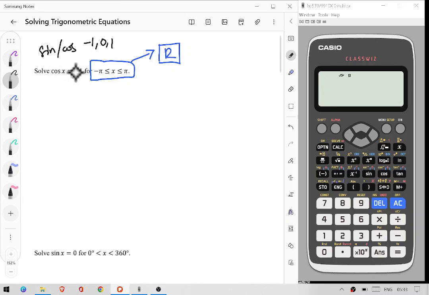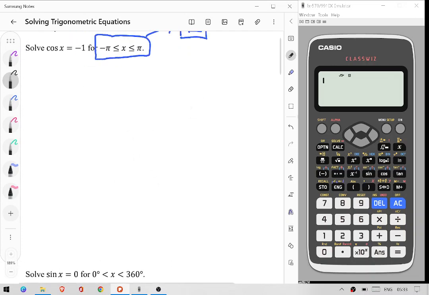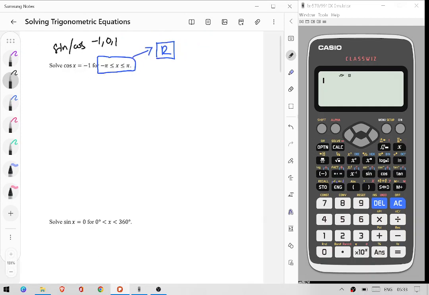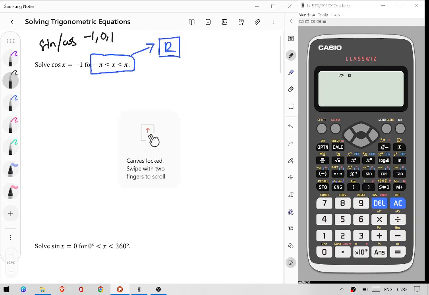Now, as you can see over here, the equation is cosine x equals minus 1. So this is the easy one.